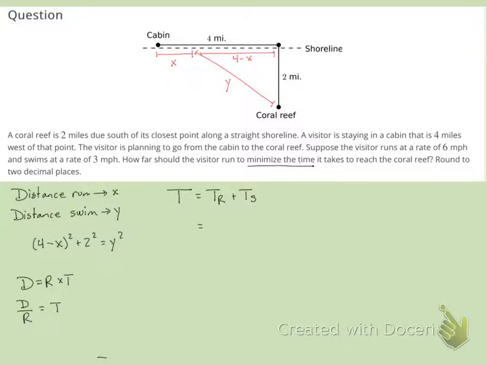Well, the time that it takes to run is going to be the distance that we run divided by the rate at which we run. I don't know why I keep saying we, but this visitor. So the distance that this visitor is running is X, and the rate at which they run is 6 miles per hour. The distance that the visitor swims is Y, and the rate of swimming is 3.